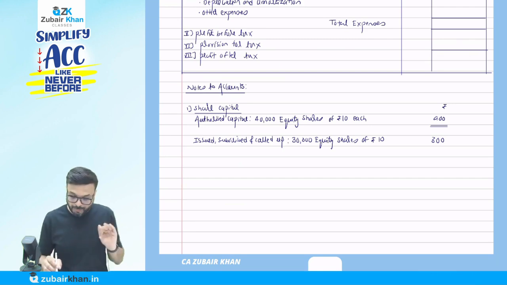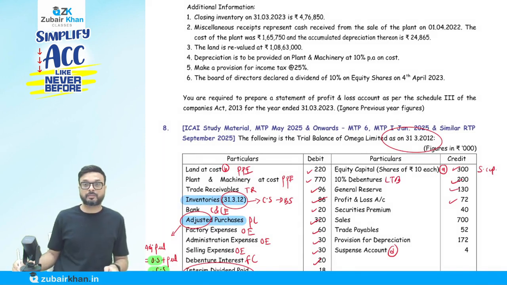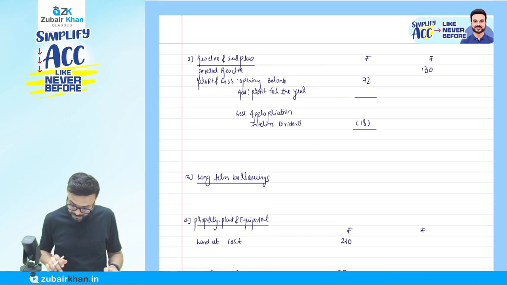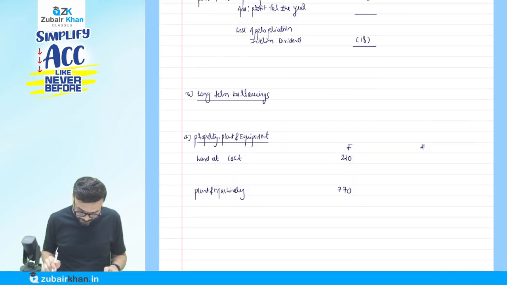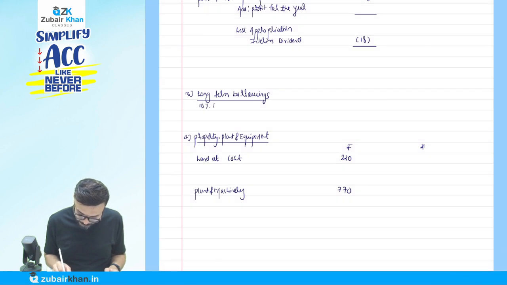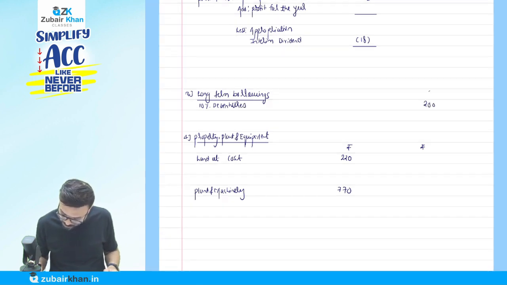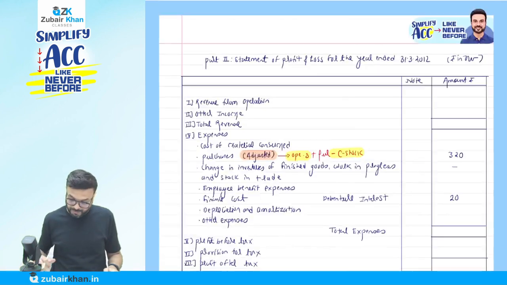Now come to trial balance again. It says 10% debenture. It's a long-term borrowing. So write down in long-term borrowing 200, 10% debenture. Notes to account number 3. So 10% debentures. How much is it? 200.